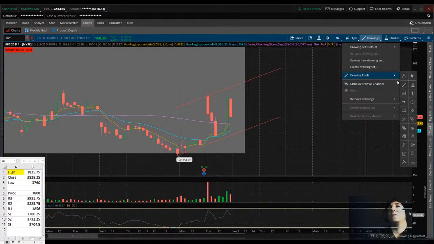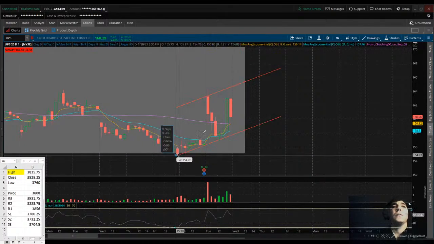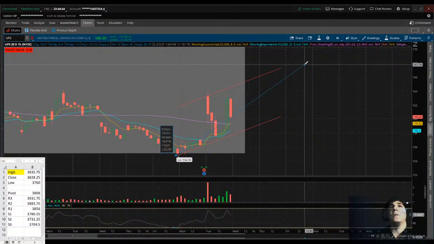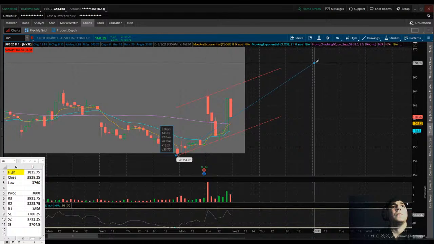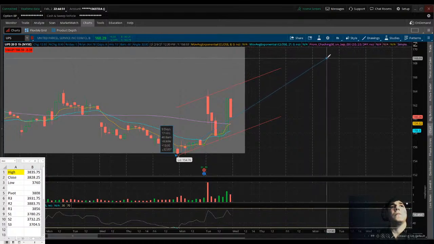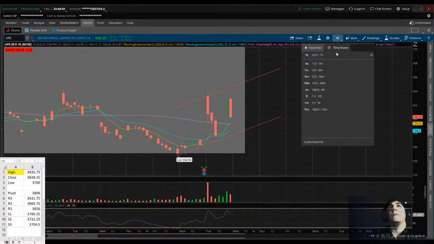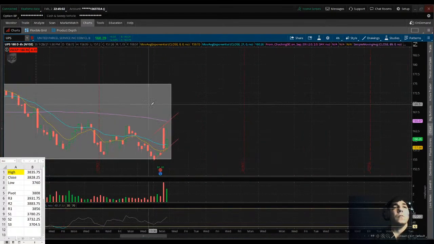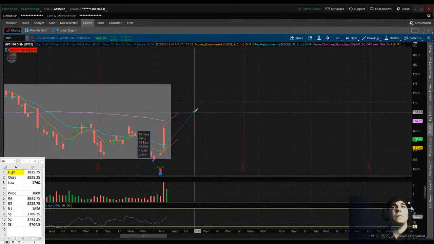Trajectory speaking, I'm going to take this, go through the middle here, and we're looking for the 12th. Well, I guess I need to go to a bigger time frame here. We're going to go from here in this trajectory to the 12th.